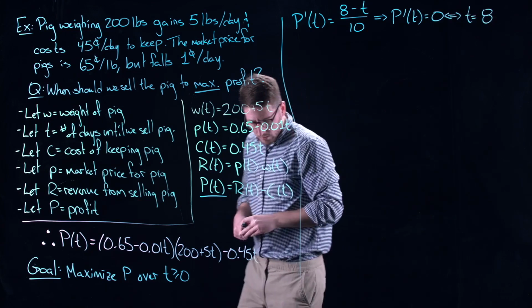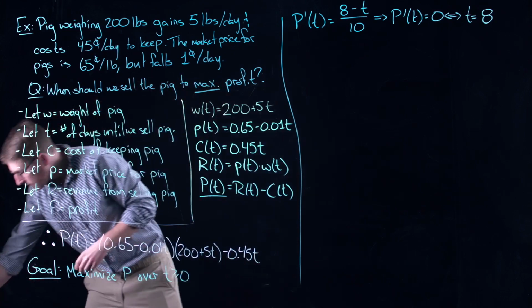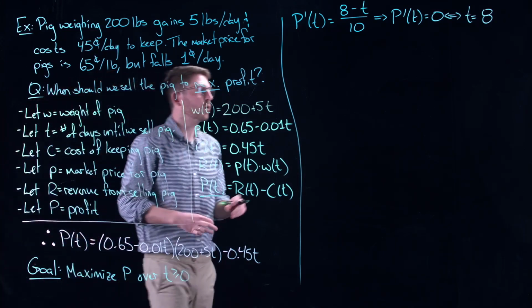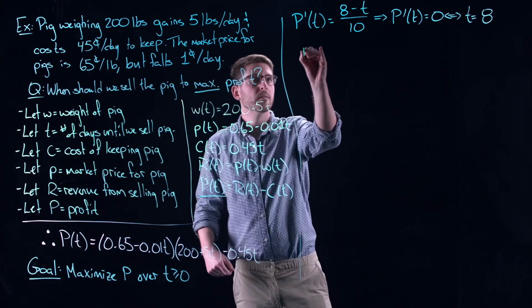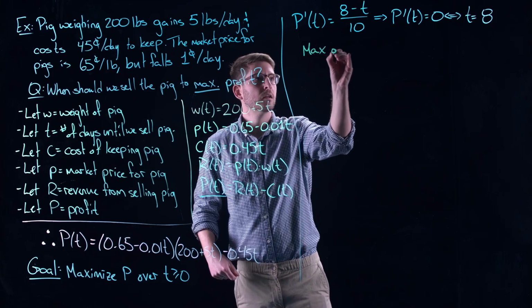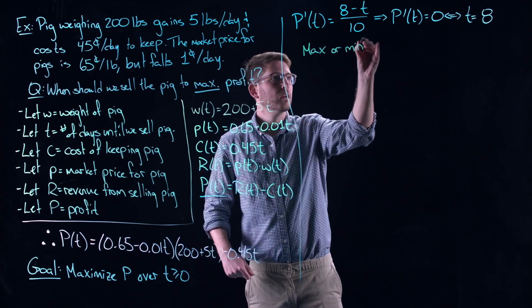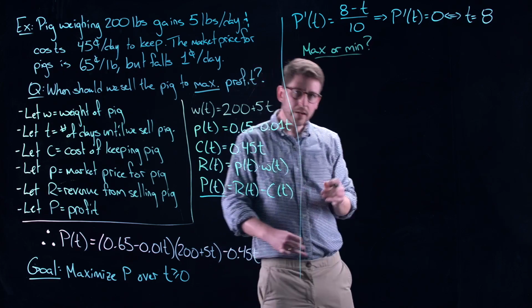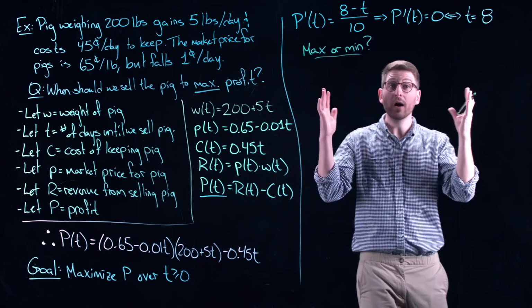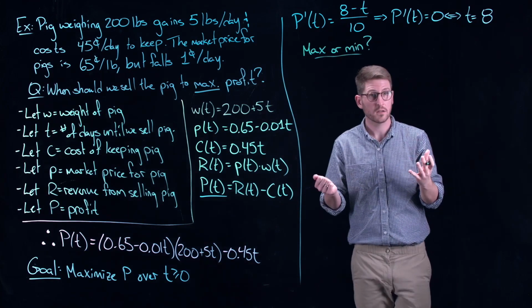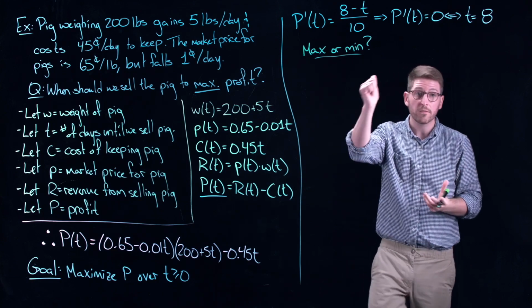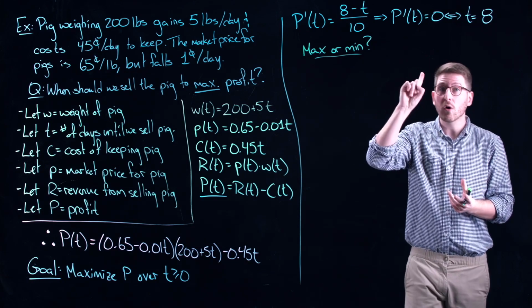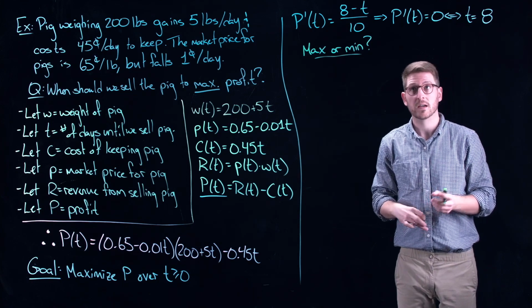So now the question is, is this a maximum or a minimum? Hopefully if you took a calculus class before this, you know how to answer this question. There are multiple different ways. You can use the first derivative test, or you can use the second derivative test.